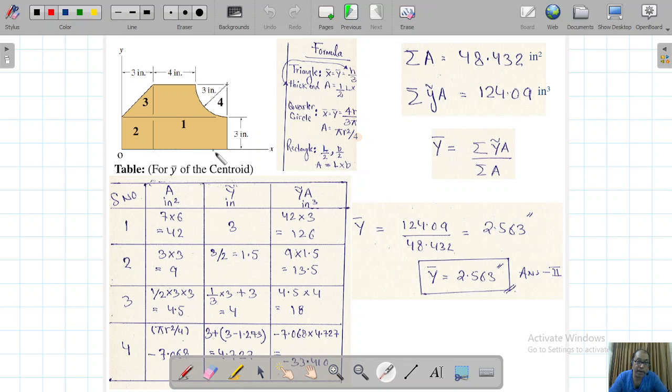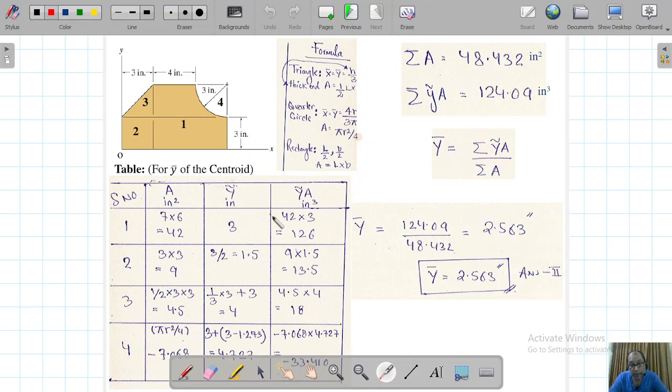If you look, this is 7 into 6, which is 42. But along y, this y tilde, from the origin you have to go to the centroid, because the total length along y is 6. So the centroidal coordinate will be 6 half, which will be 3.